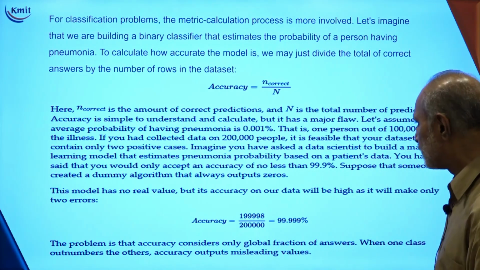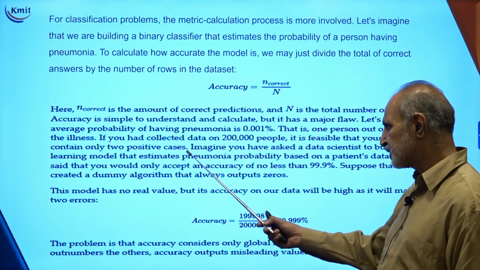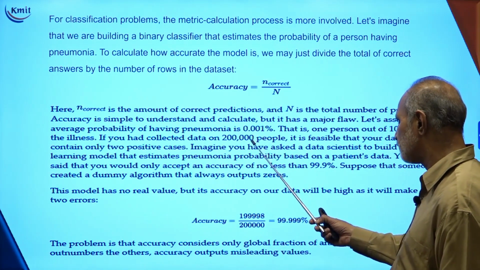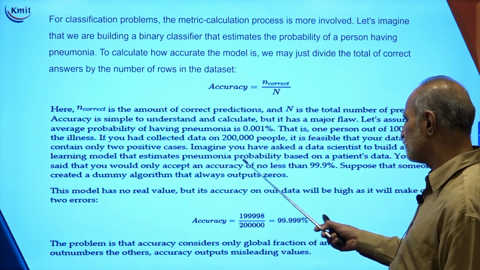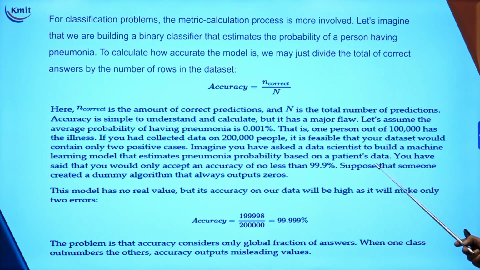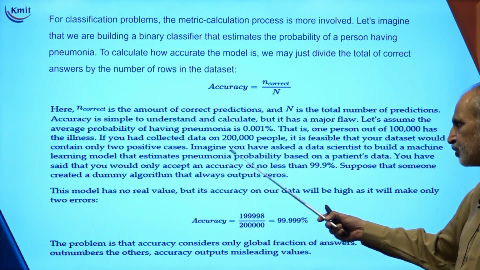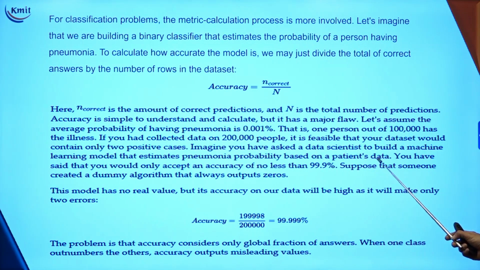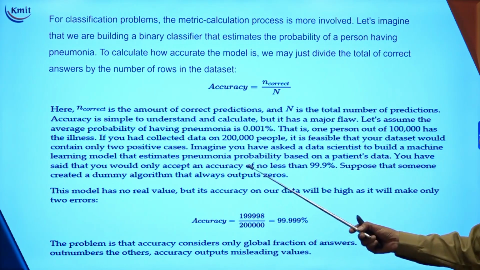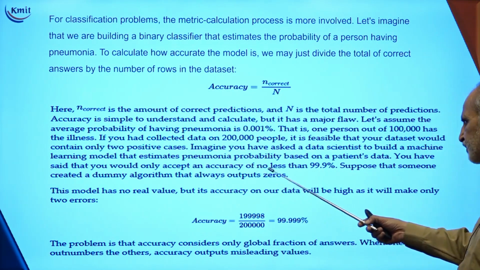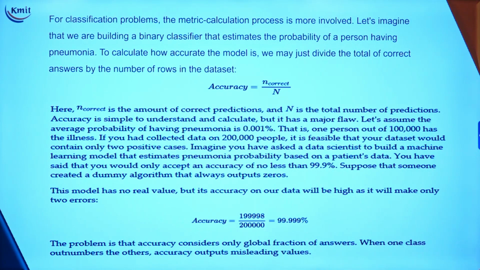Imagine you have asked a data scientist to build a machine learning model that estimates the pneumonia probability based upon patient data. You would only accept an accuracy of no less than 99.9%, that means close to 100%.